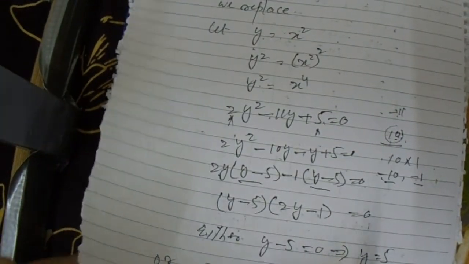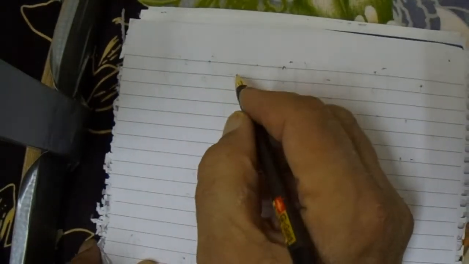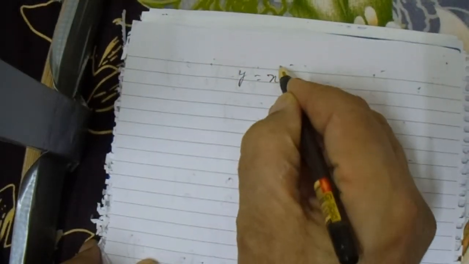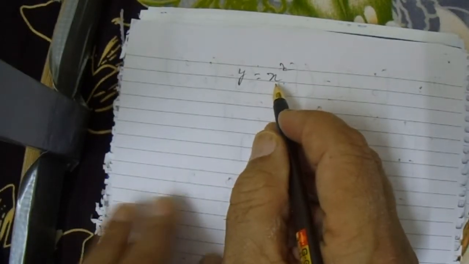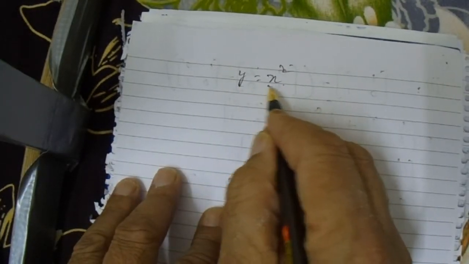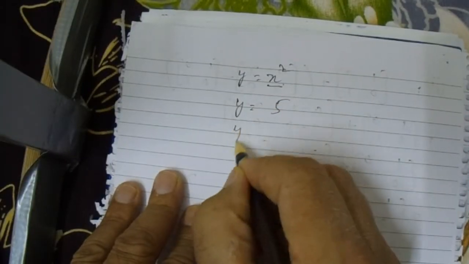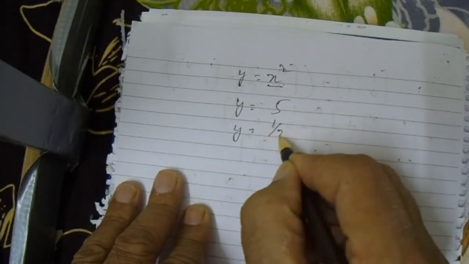Now we again replace y with x^2. We replaced before y = x^2. Now by replacing, we write again y = 5 and y = 1/2.